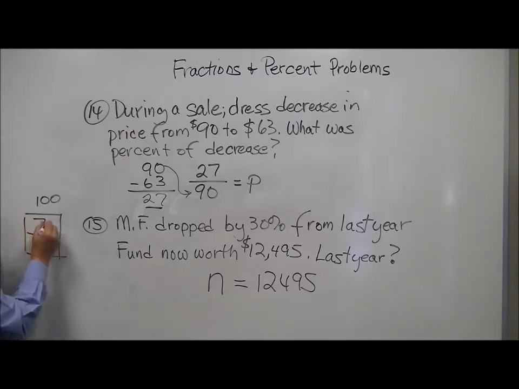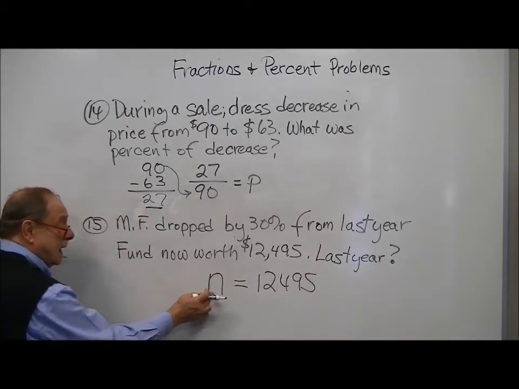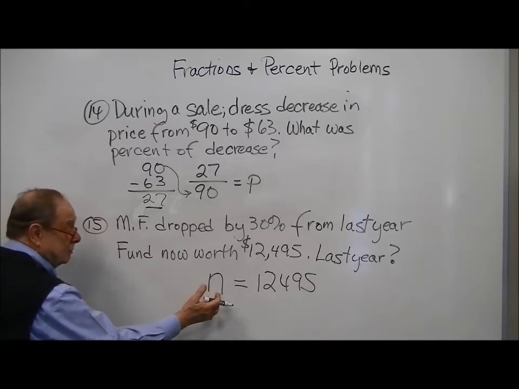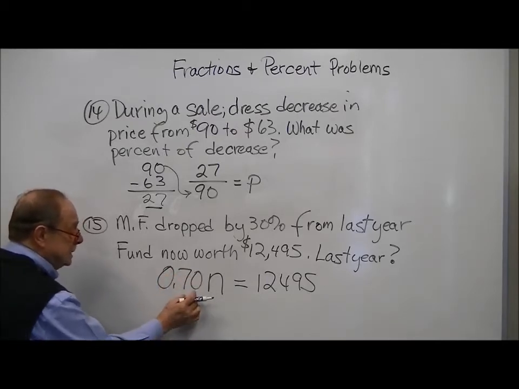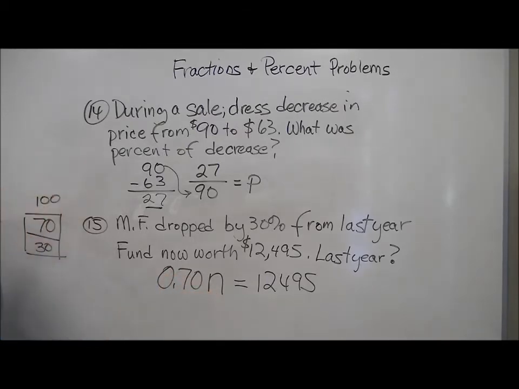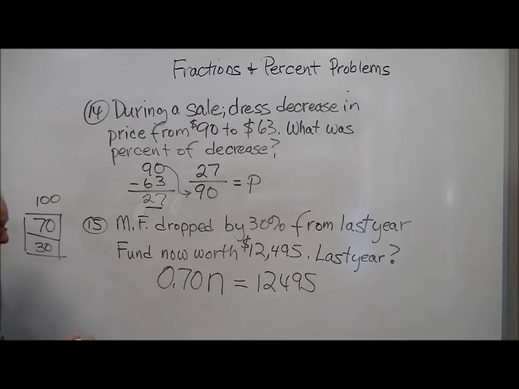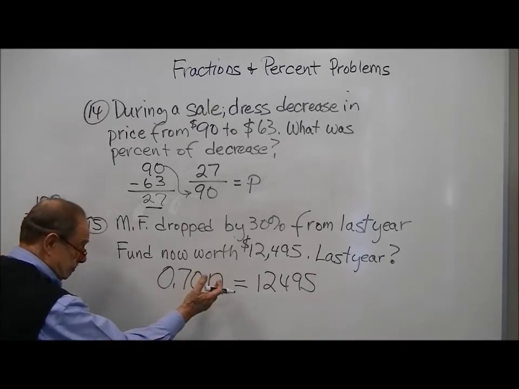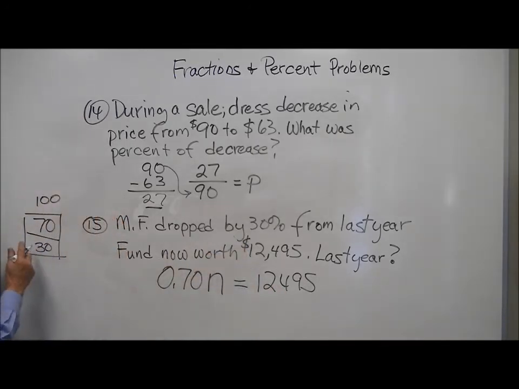Well, up here it's 70%. So this is actually 70% of last year's cost, or what that fund was worth. So if we take 70% of this, it will give us what it's worth, which is this year. So this is last year's cost, or amount. 70% of that is what it's here, because we lost 30%. And that's what we need to find out.